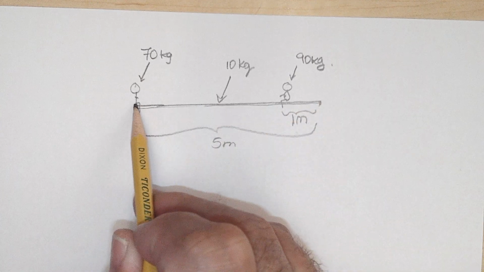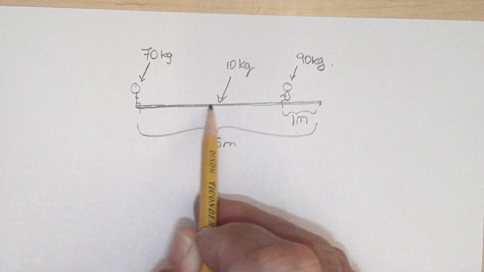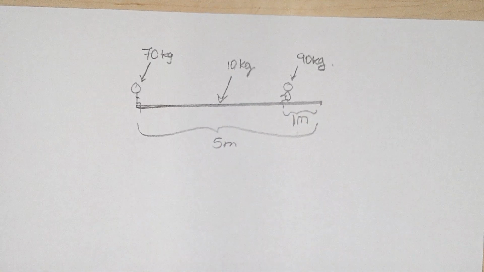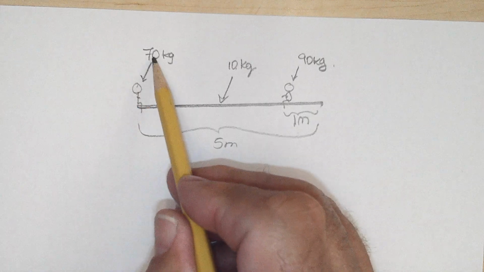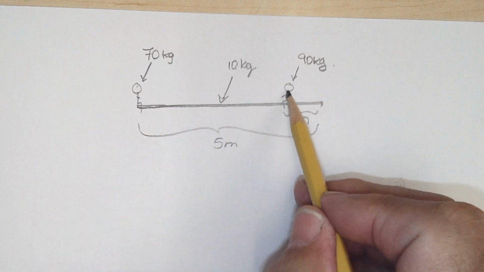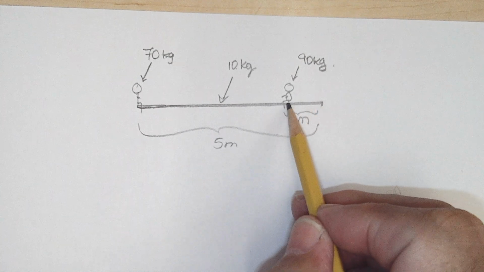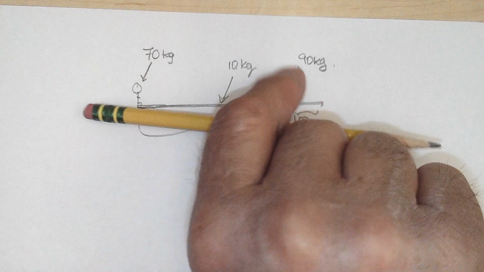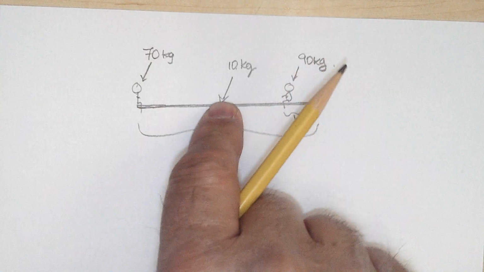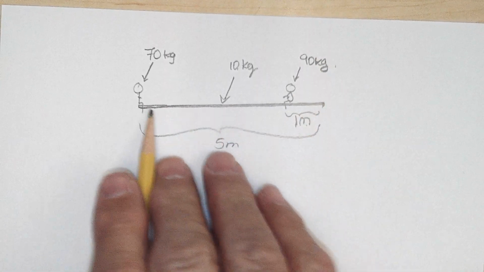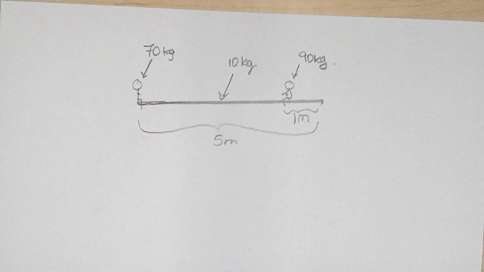So I took an example: here's a plank that has a mass of 10 kilograms, and we have a 70 kilogram person sitting on the very end here, and a 90 kilogram person sitting a little ways in, 1 meter, and said, where is the balance point? Where would we have to put the fulcrum so that this was balanced?